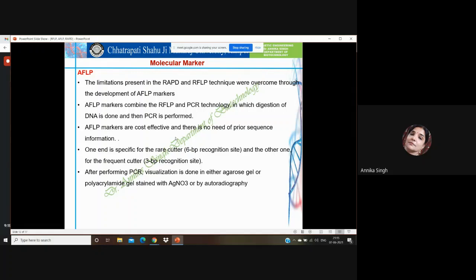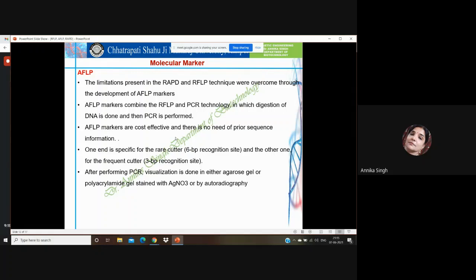Then another limitation is that PCR is an enzymatic reaction, and the quality and concentration of template DNA, the PCR components, and the PCR cycling conditions may greatly influence the result.